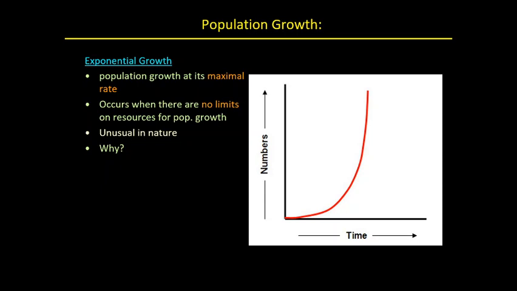That only happens for brief amounts of time because resources are always limited in the environment. That's true for other species, and that's also true for us humans. So we do see populations growing exponentially for short periods of time. However, that usually doesn't last very long.